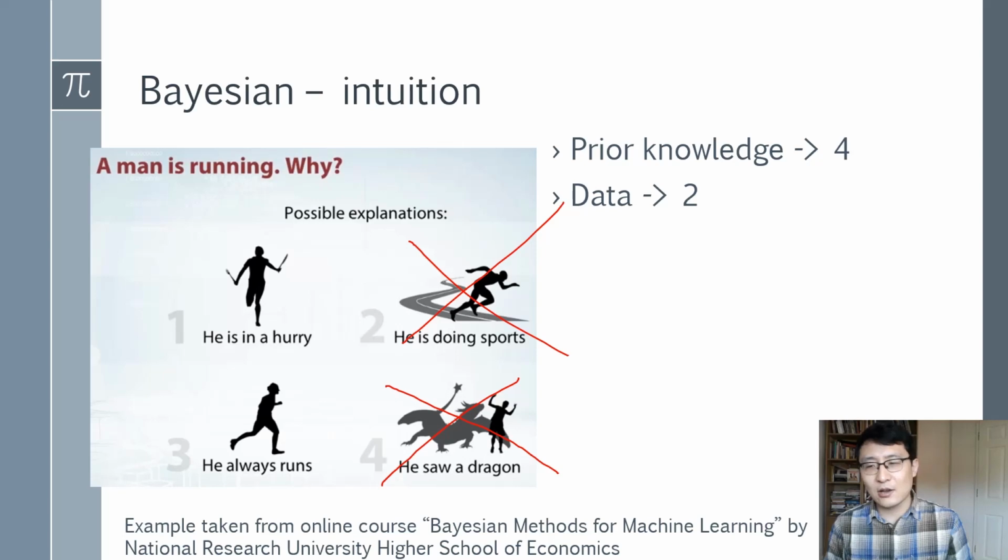This tells us the importance of using your prior knowledge and your data to make a decision. As in this example, prior knowledge tells us that dragons don't exist, so we can exclude that scenario.